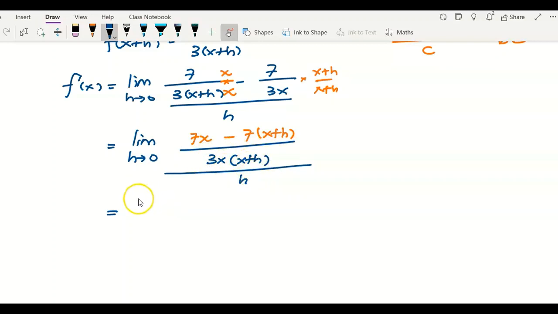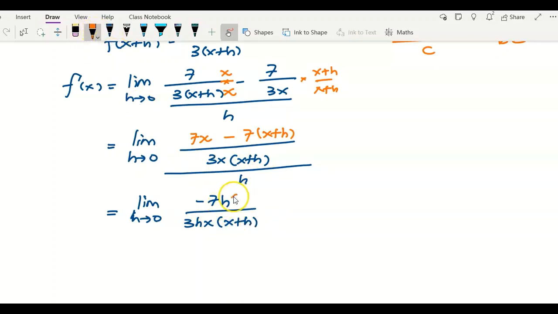They can combine together by multiplying them. As long as we haven't processed the limit, we need to write down the limit. And 7x minus 7x, you get 0. Negative 7 multiplied by h, you get negative 7h over. So I will put the h together with this.